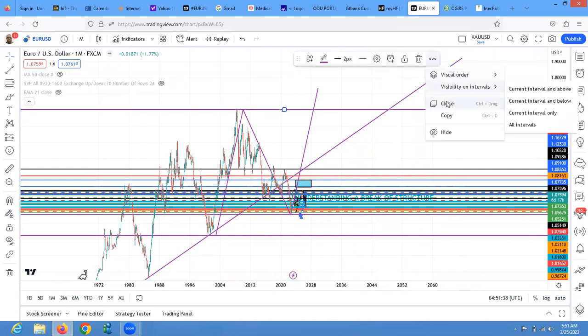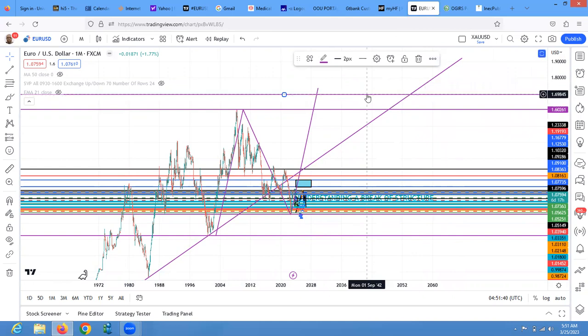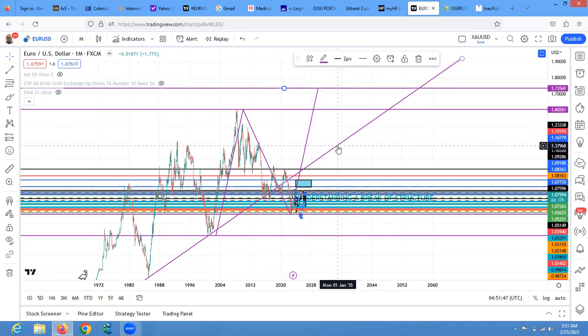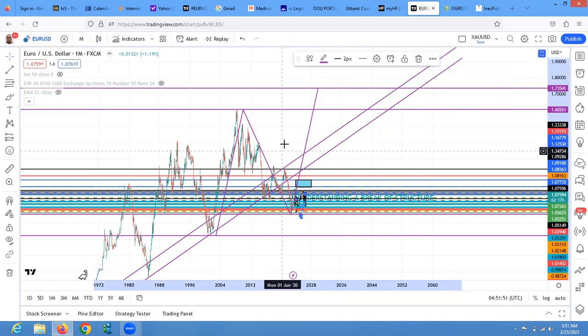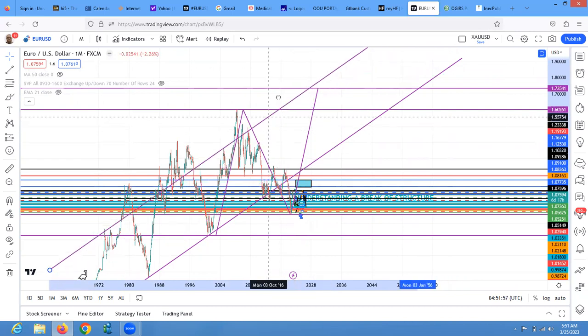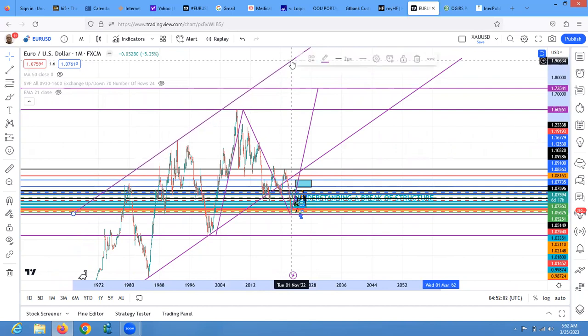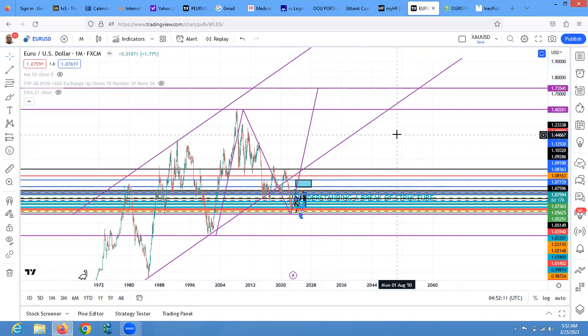This is where we think we might get to. Okay, so looking for that low and cloning this trend. And that's the best we can see to see how price will make its move within that.